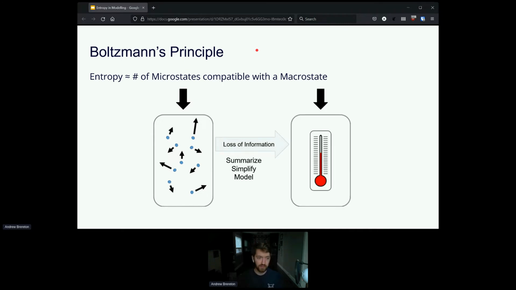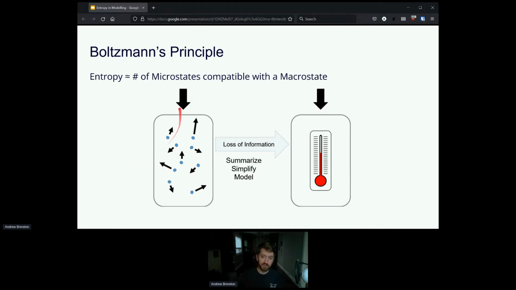So on the left, we've got this container that I've drawn extremely accurately and with high fidelity, of a bunch of atoms moving around. We can imagine these are, say, neon gas atoms moving around in this chamber. Each atom in this chamber has a position, and it also has a force vector describing its momentum and its direction, essentially.